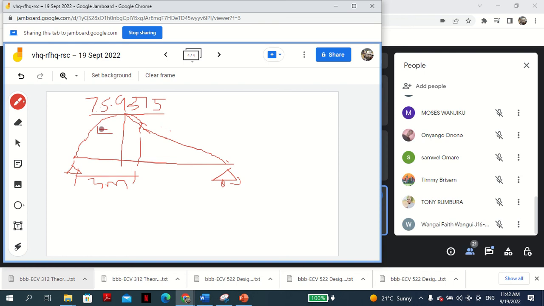Now if you are to do the diagram for this, if you are to integrate, it's going to be a little complicated, but still, as you notice, the solution would still be easy.